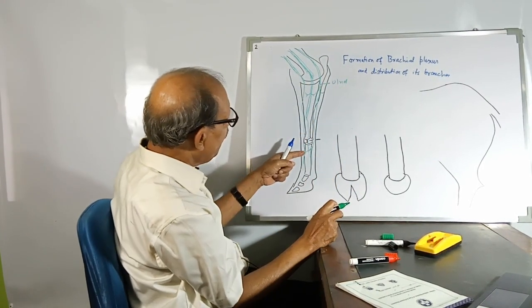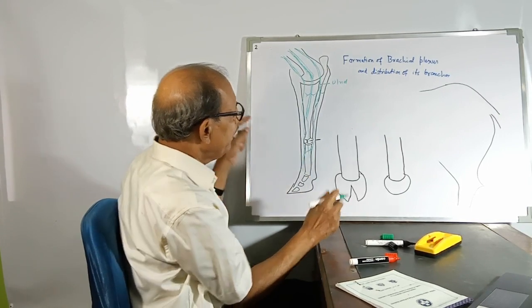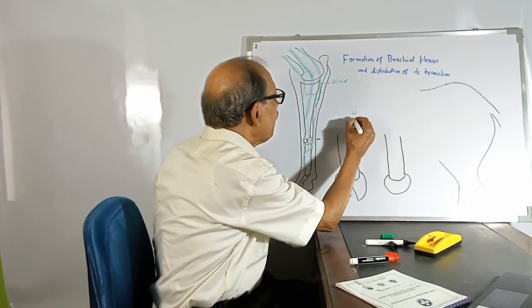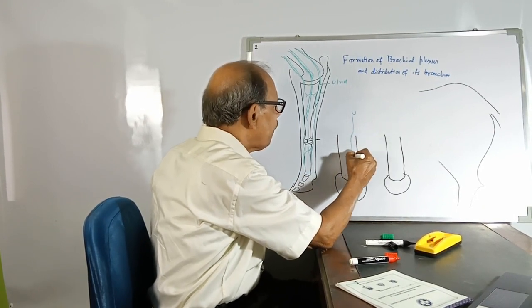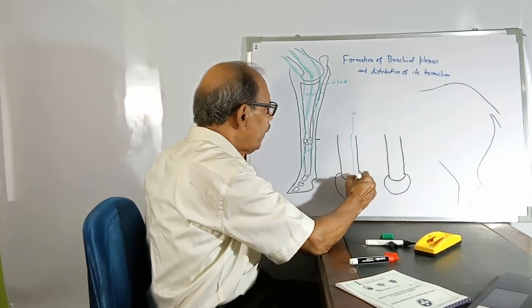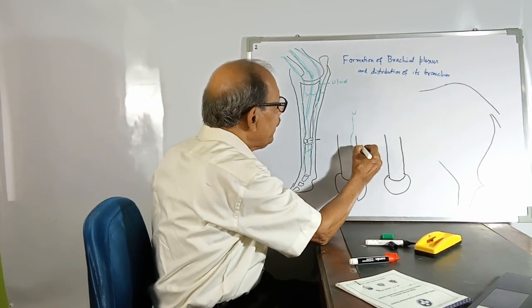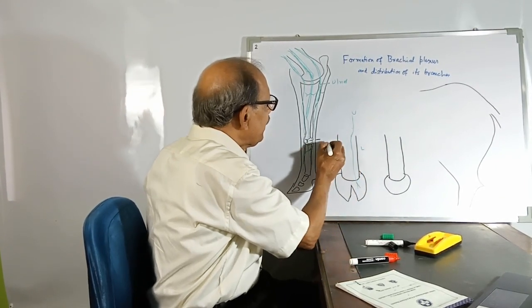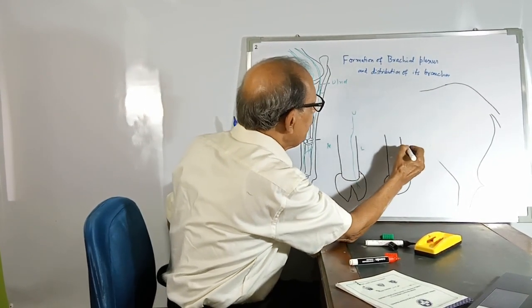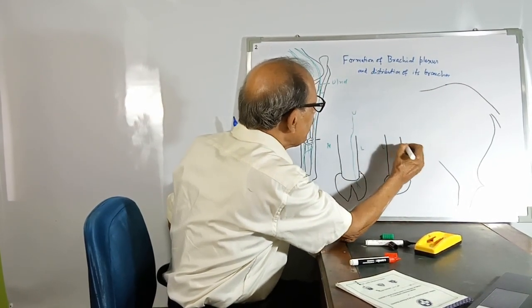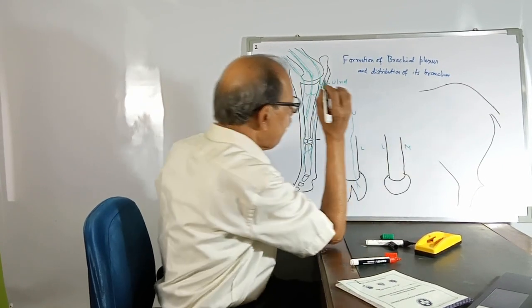One is going to front and other is going to behind. Ulnar nerve is coming up and is dividing into two. This is the lateral aspect and this is the medial aspect of the limb.